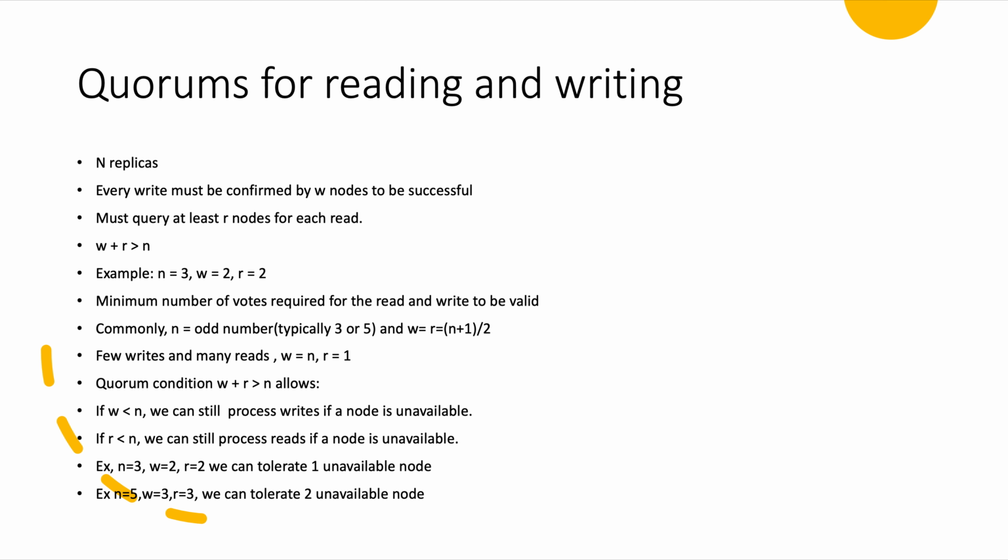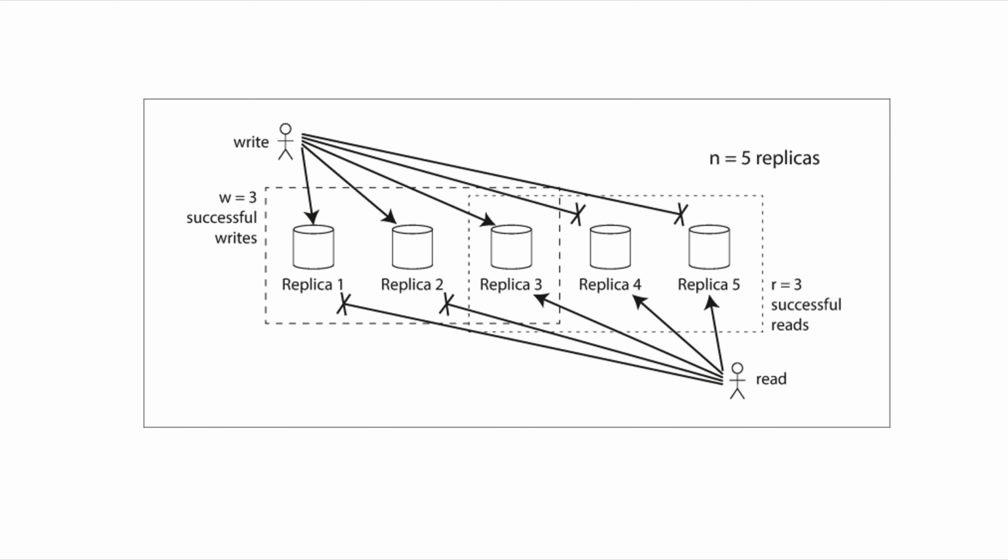Let's take another example. If n equals 5, that means there are 5 replicas and W and R are equal to 3. That means we can tolerate 2 unavailable nodes. It means that we would need 3 nodes for a write to be successful and 3 nodes for the read. Let's see this example.